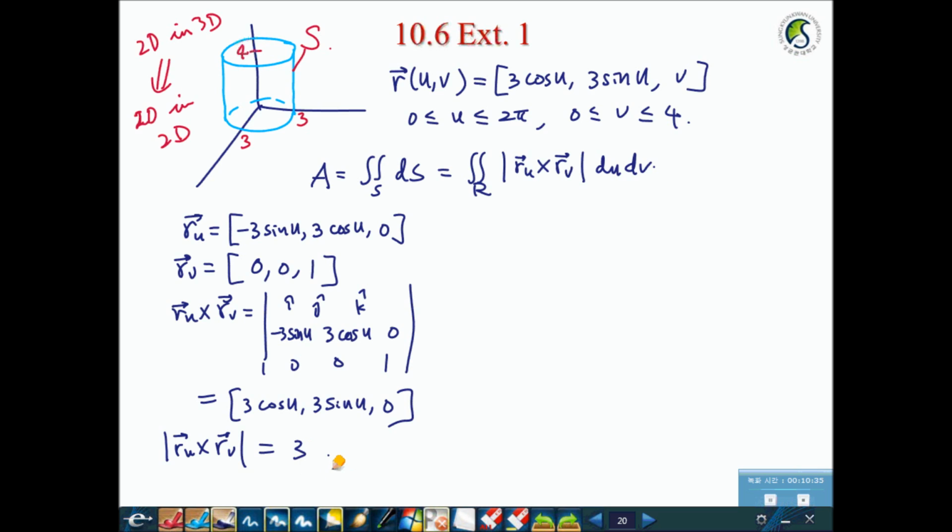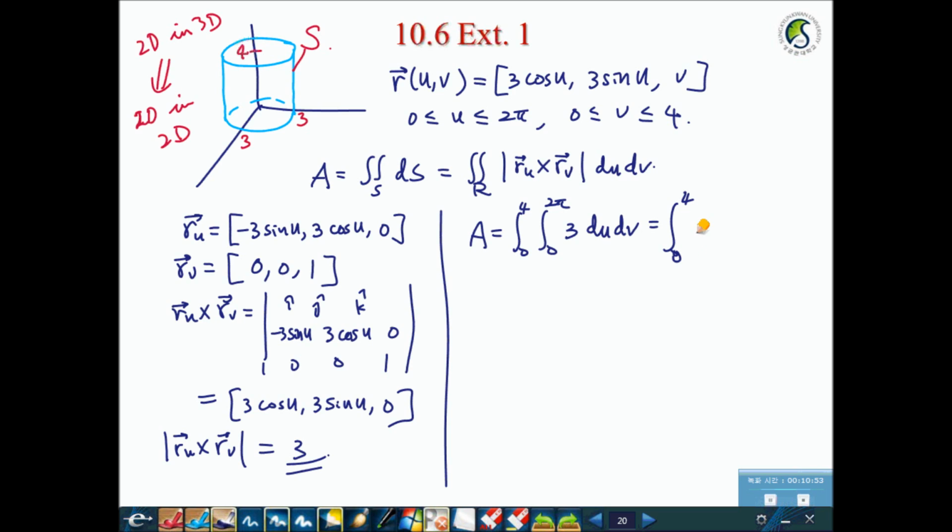So the area is the integral from 0 to 4, 0 to 2 pi, of 3, which is the Jacobian, du dv. So from 0 to 4, that's 3u from 0 to 2 pi, dv, and from 0 to 4, 6 pi dv, that's 6 pi v from 0 to 4, which is 24 pi.